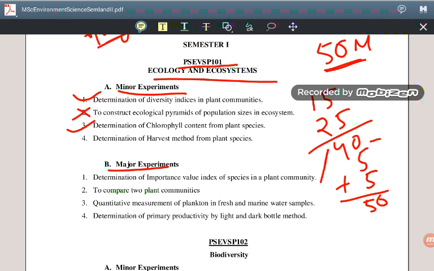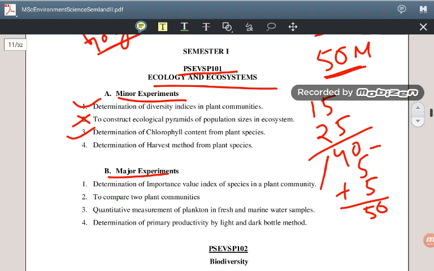Next, we are not going to perform this experiment again. So we are going to perform this and this, or the MCQs will be based on this experiment.